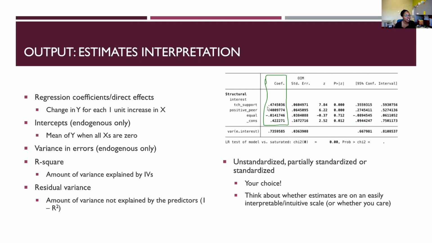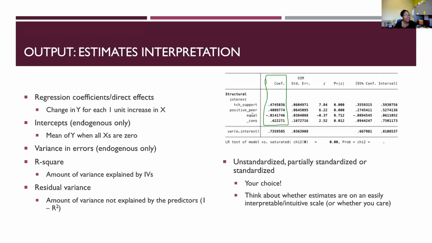So this right here, teacher support, is how much interest increases for each 1 unit in teacher support. So for every 1 unit increase in teacher support, interest is going to increase by 0.47 units. Okay, back to regression, refresh all of that.